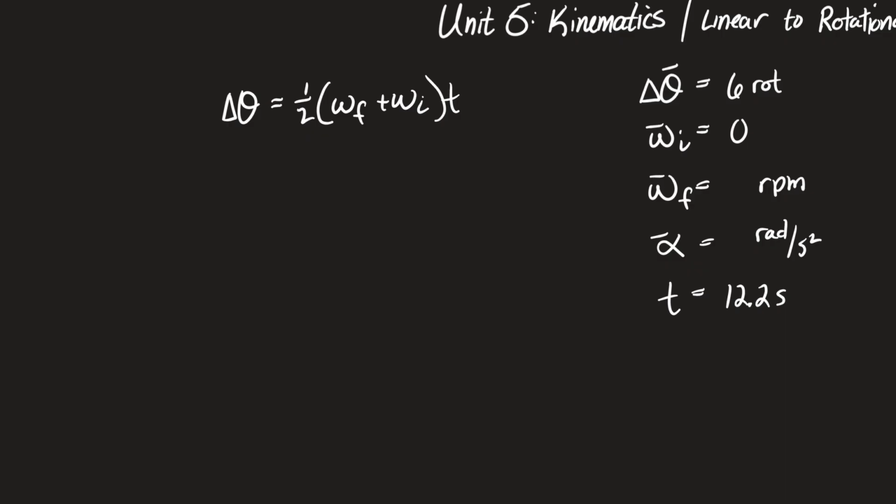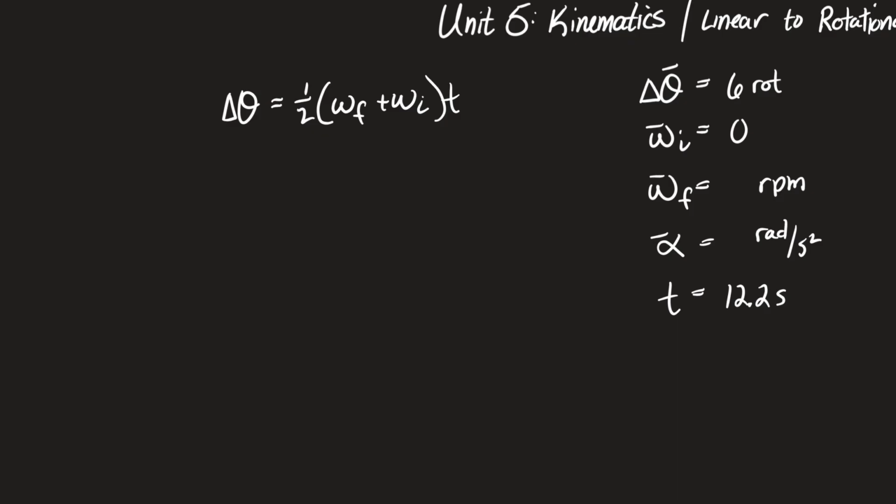Again, step 1, choose a relationship that has the 4 pieces you're looking for in it. 3 will be given, 1 will be an unknown. This is not really an additional step. You had to do this before, but you can only work in 1 unit at a time. So it's either all rotations or all radians, and all minutes or all seconds. You pick.